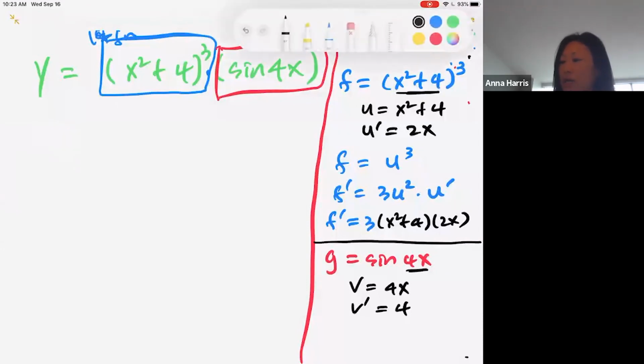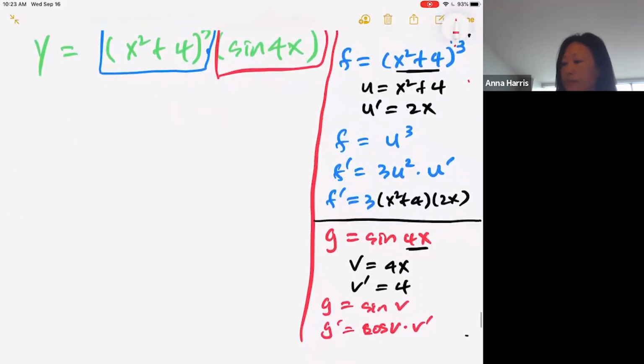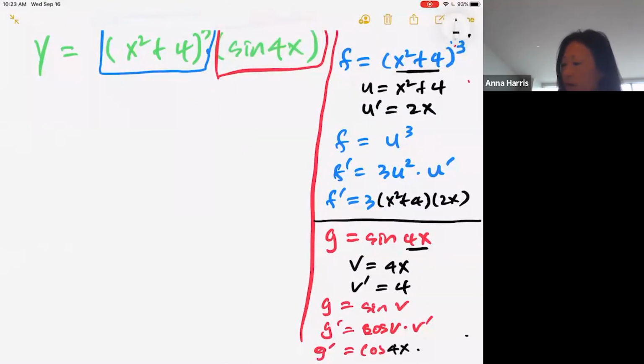So I'm gonna rewrite my g. g is equal to sine b. So g prime is equal to cosine b, b prime. So you're done. So my g prime is equal to cosine 4x times 4.